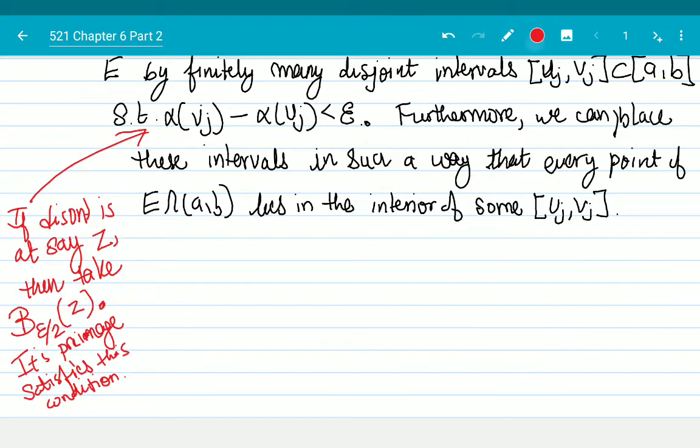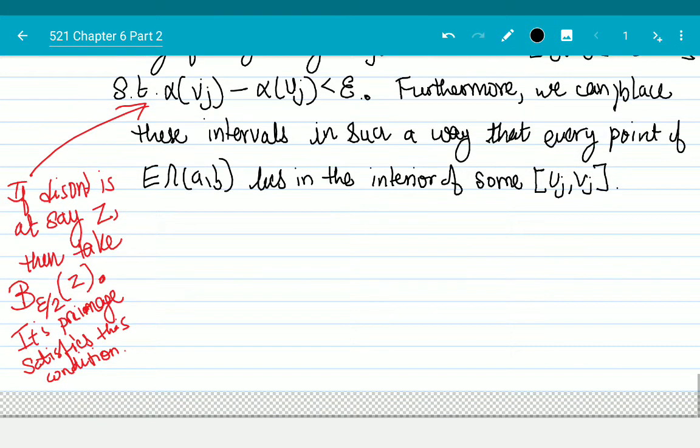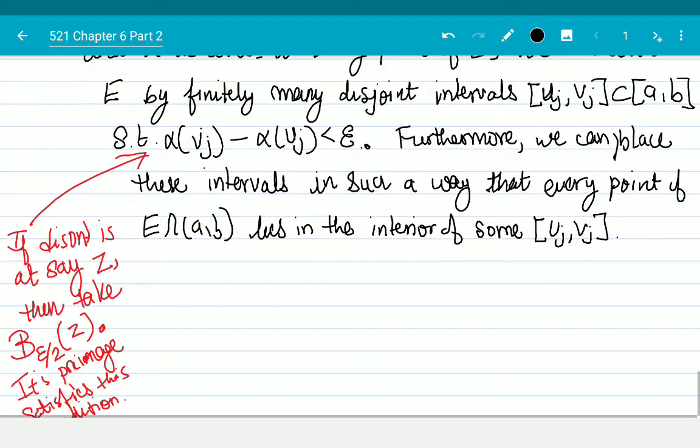Okay, now you have to be slightly careful. The ball of radius epsilon over 2 might not lie completely inside your continuous interval, right? You have to first find where f is continuous.